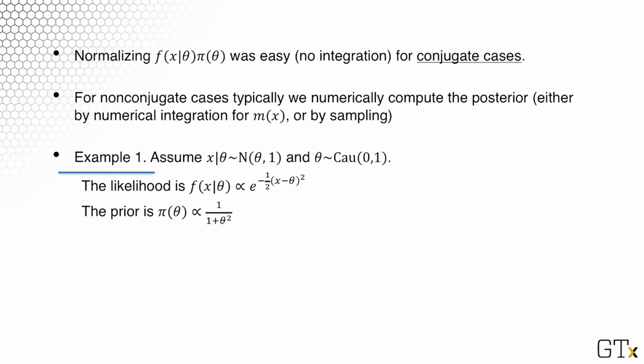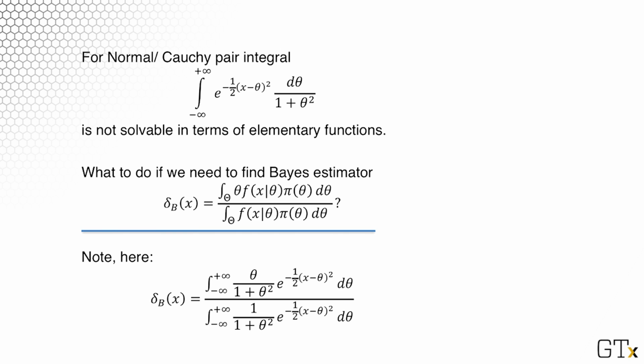As an example, let's take a look at the case in which there is an observation coming from a normal distribution. The location, the mean of the normal distribution, theta, is not known. The variance is known, it is 1, and we put a Cauchy prior on theta. So the likelihood is proportional to e to the minus 1/2 (x minus theta) squared, because this is the part that contains the parameter of interest, and the prior is proportional to 1 over 1 plus theta squared, the Cauchy distribution.